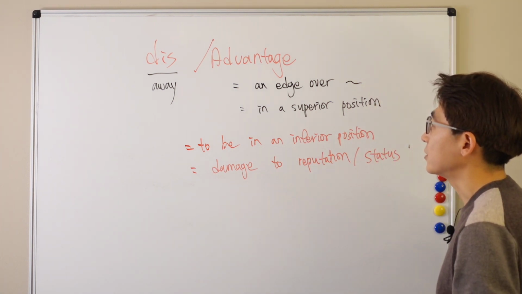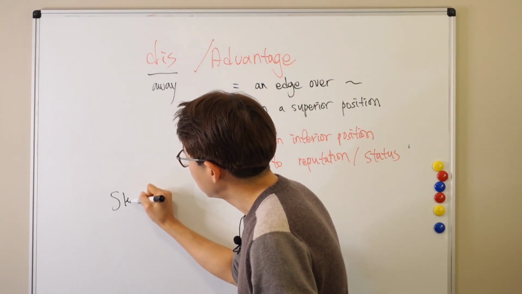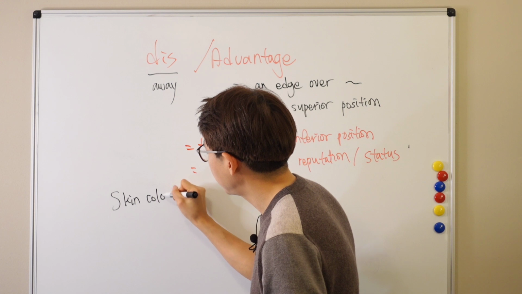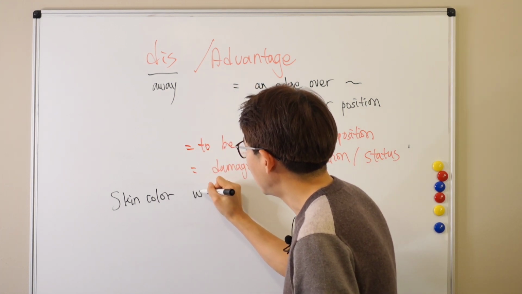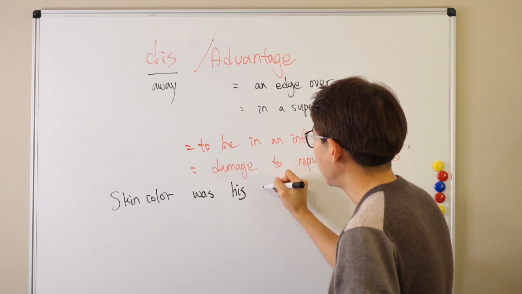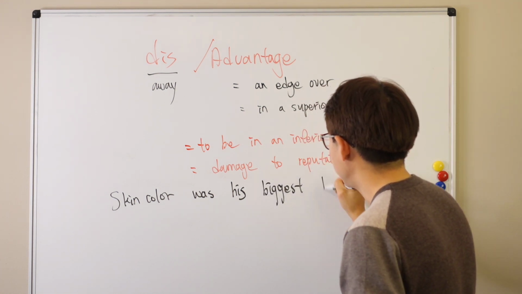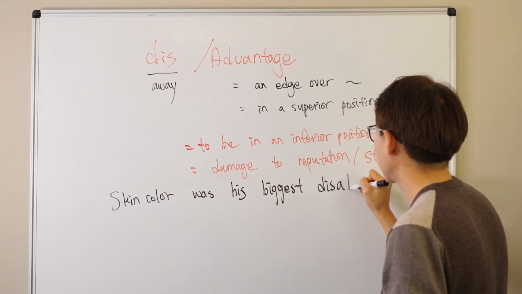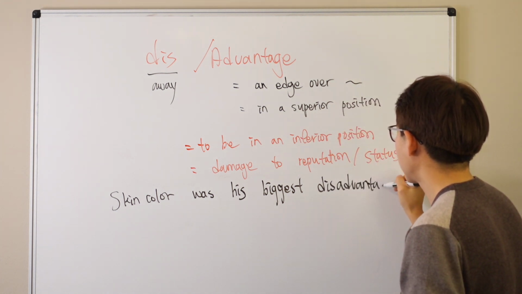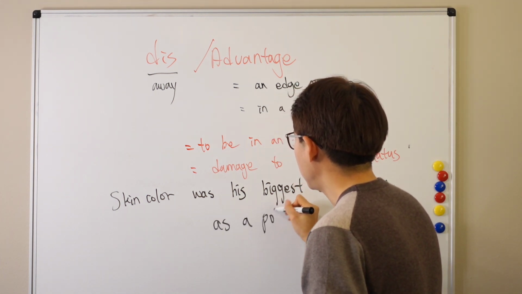That's what disadvantage means. And one example could be: skin color was his biggest disadvantage as a politician.